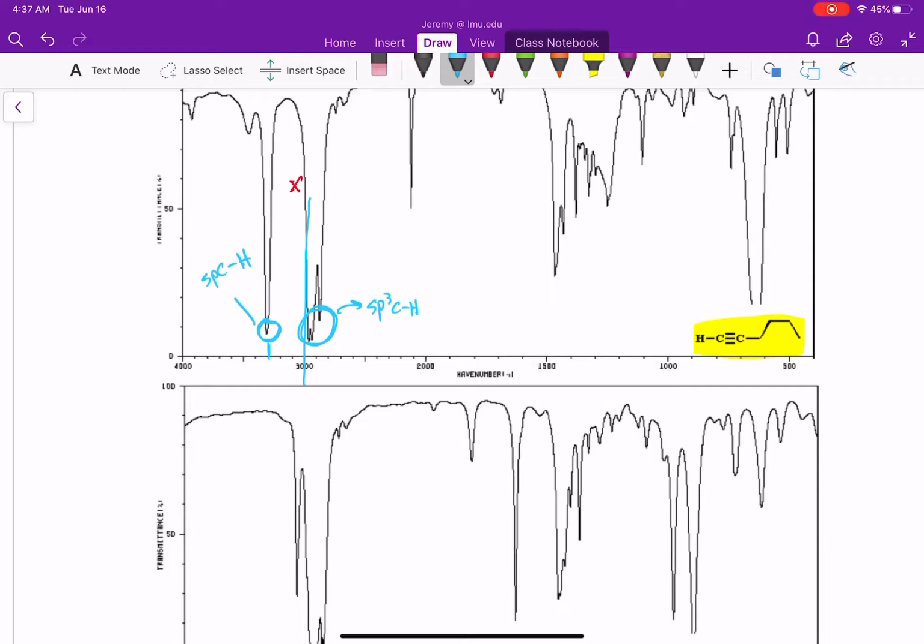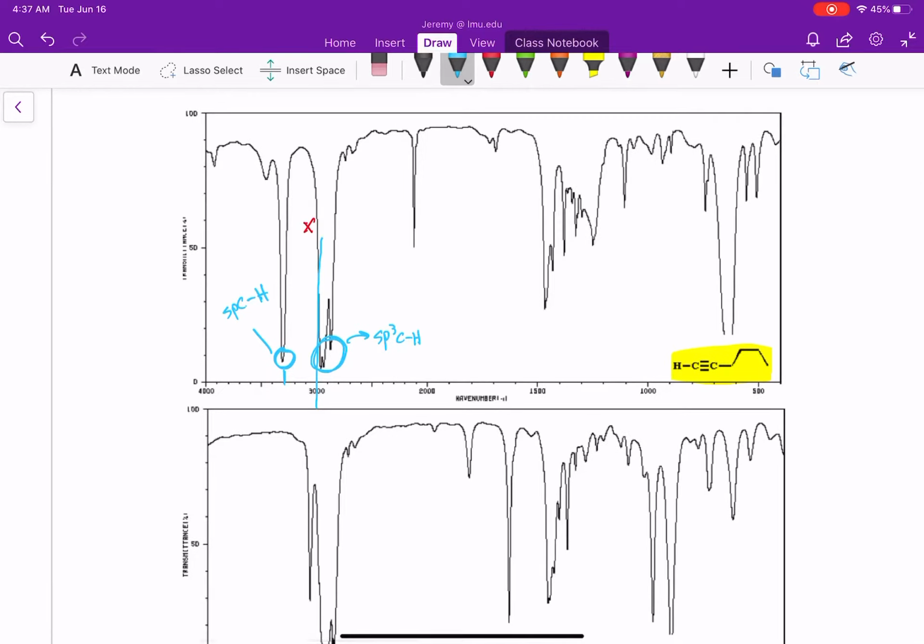Any peak from around 3000 to 2850 corresponds to sp3 C to H's. Next, we see a large peak here. That's at about 2100. That's where we have our triple bonds. So this is a C triple bond C, right? Or it could be a C triple bond N. But obviously here it's going to be a C triple bond C, all right?